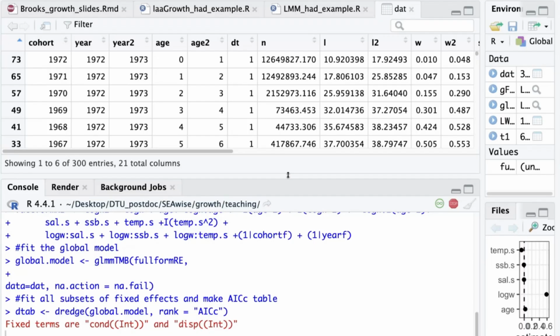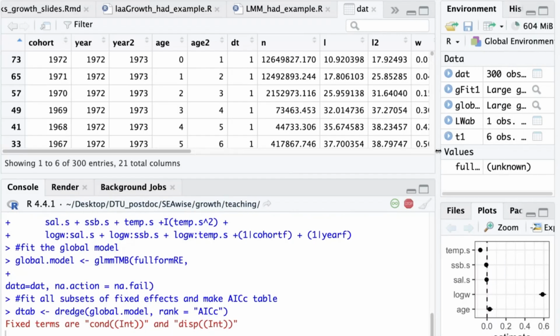Yeah, that seems like a good idea. If your stock had highly variable uncertainty in that, then it does make sense. Yeah, and this function has an argument. You could say weights equals the inverse of the uncertainty on that cohort.